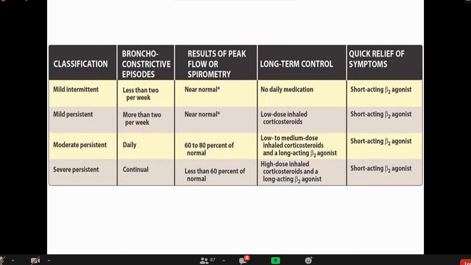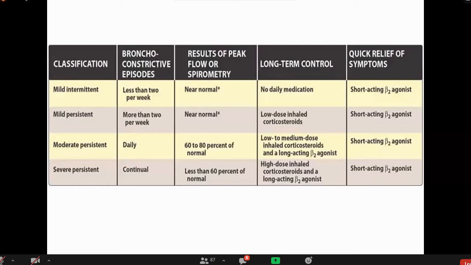So we have to give the combination of low to medium dose inhaled glucocorticoids plus a long-acting beta 2 agonist. And a very interesting point: only long-acting beta 2 agonists wouldn't be effective. Long-acting beta 2 agonists show maximum efficacy in the presence of inhaled glucocorticoids, right? So low to medium dose of inhaled glucocorticoids plus a long-acting beta 2 agonist.